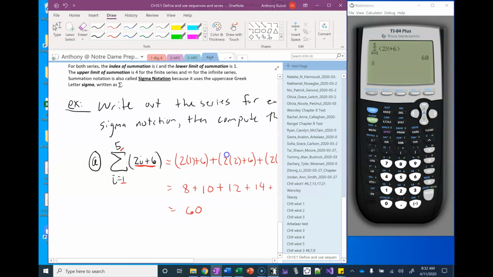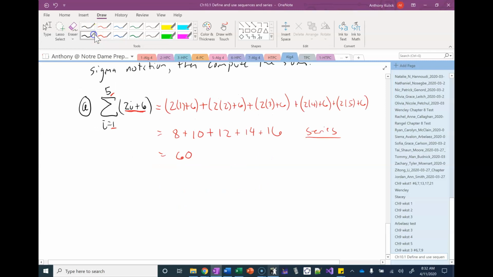The other thing that the calculator is not going to be able to handle is if this is infinity, right? So let's look at an example there. So let's say we want the sum, that's what the sigma symbol means, from 1, that's the first thing that we're going to add up, to infinity.